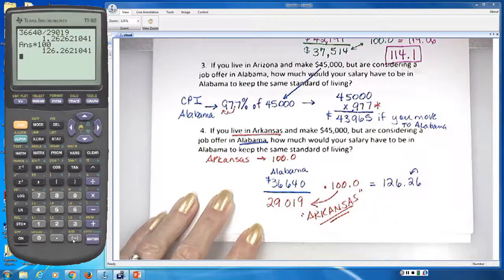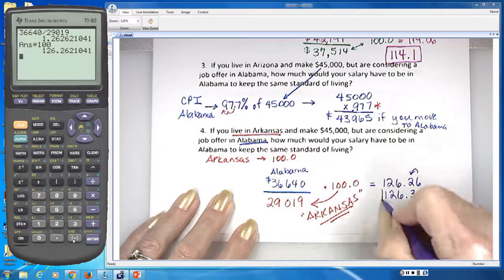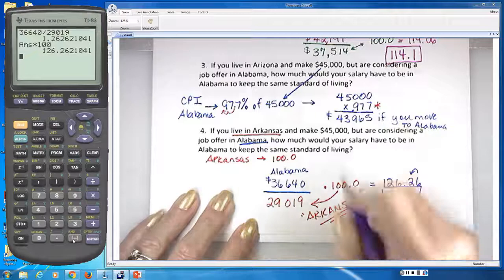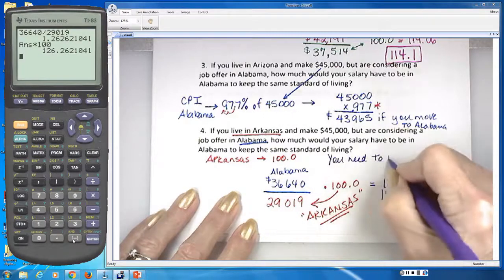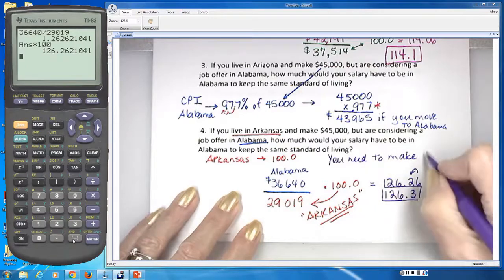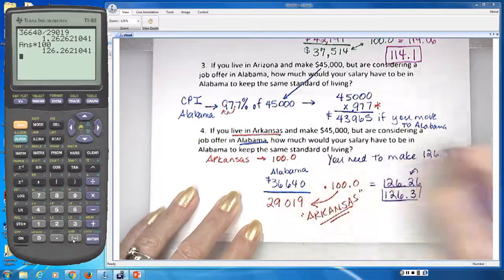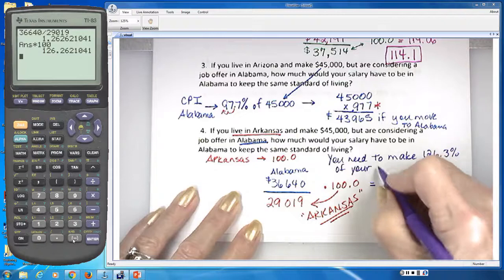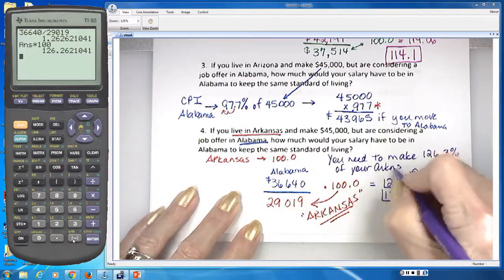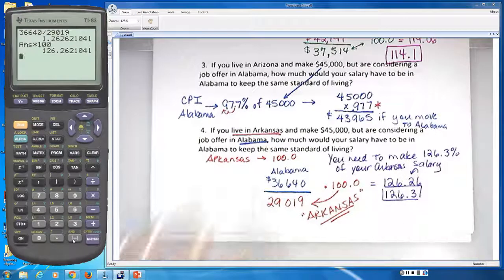Since the 6 is more than 5, your index is 126.3. So you need to make 126.3% of your Arkansas salary.